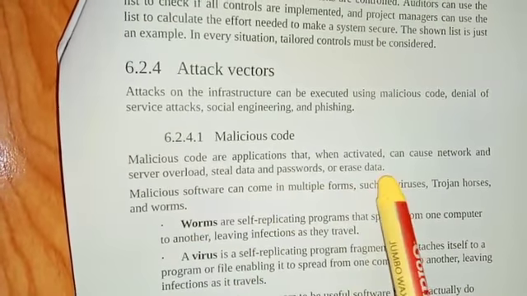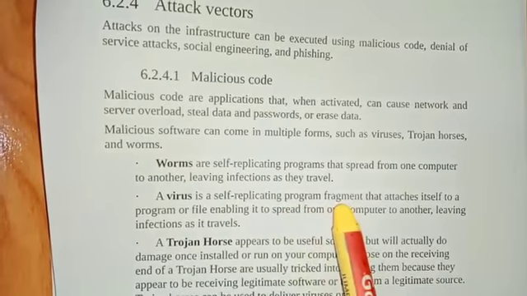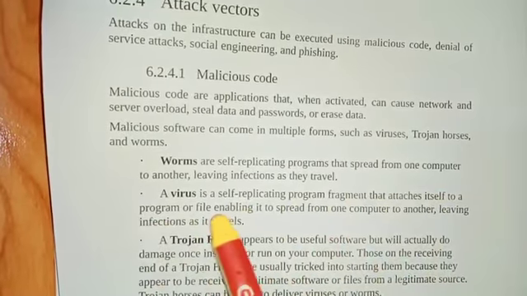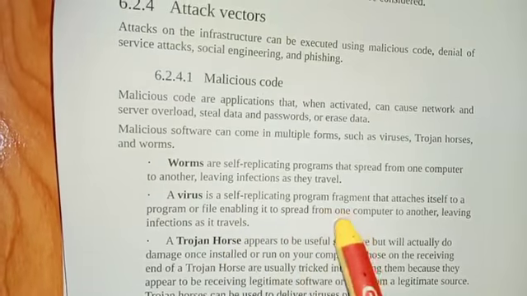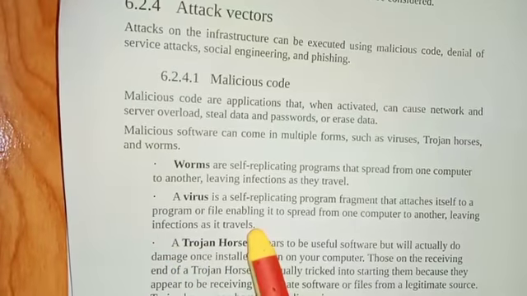Then, what are viruses, Trojan horses, and worms? Worms are self-replicating programs that spread from one computer to another, leaving infections as they travel. And a virus is a self-replicating program fragment that attaches itself to a program or file, enabling it to spread from one computer to another, leaving infections as it travels.